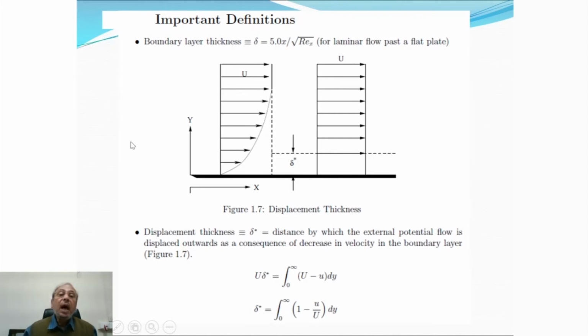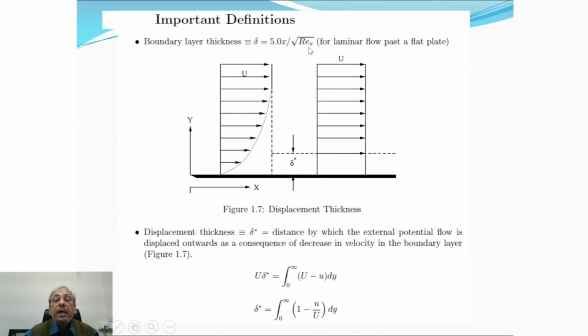Now quickly I will give a few definitions which you already know, but we will just recapitulate them. Boundary layer thickness over a flat plate at any x is given by delta equal to 5x divided by root over Reynolds number based on x, that means U infinity into x by nu is the Rex.